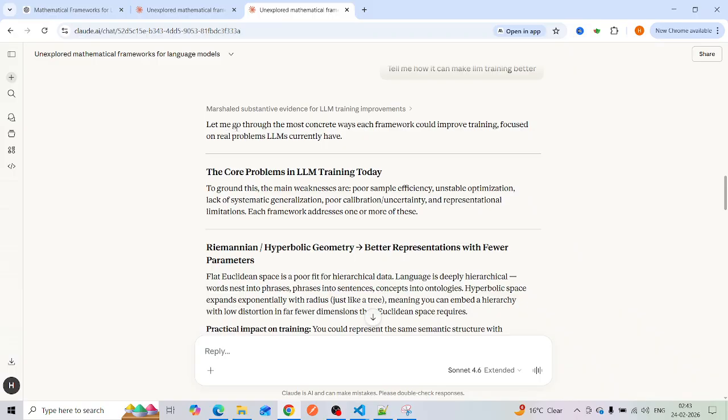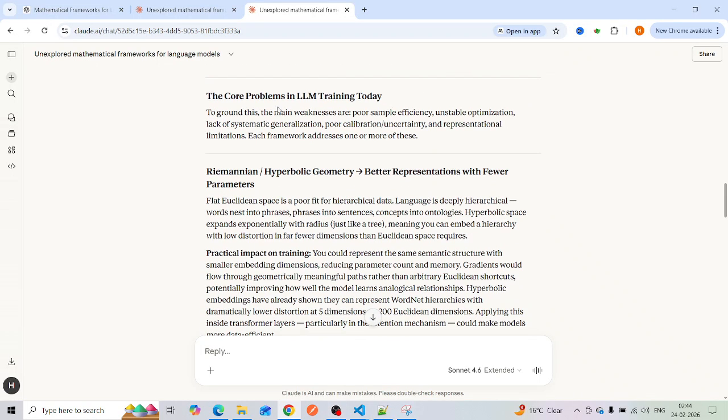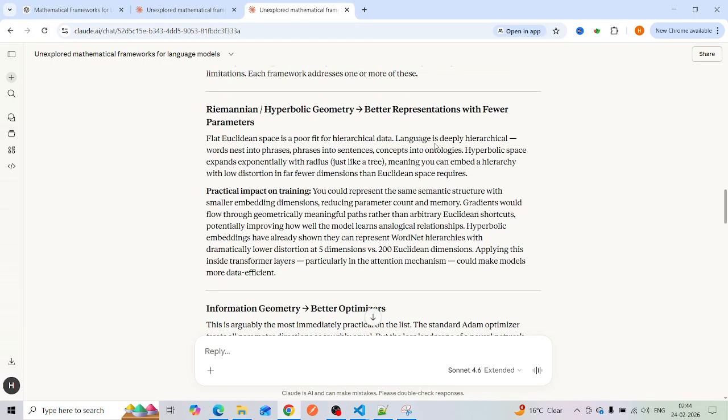Let me go through the most concrete ways each framework could improve training, focused on real problems LLMs currently have. Core problems of LLM training today are poor sample efficiency, unstable optimization, lack of systematic generalization, poor calibration and uncertainty, and representational limitations. Each framework addresses one or more of these.